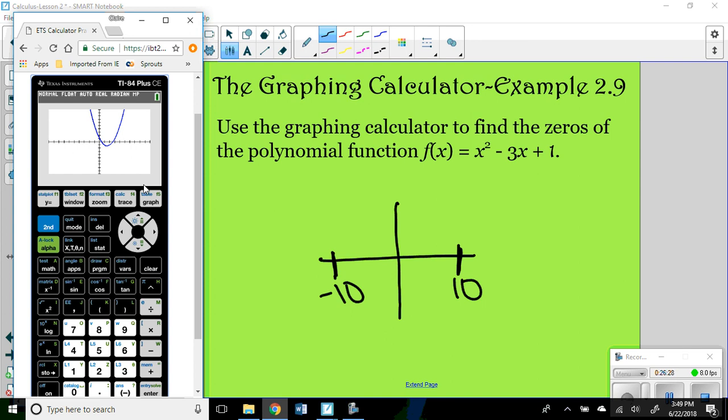We're looking for the zeros. To find the zeros, we're going to go to calculate. So right next to graph, you should see the trace button. And in blue above it, it says calculate. To get to that, you're going to hit the second button, which is blue, and then you're going to hit the trace button. And so it should come up like that.